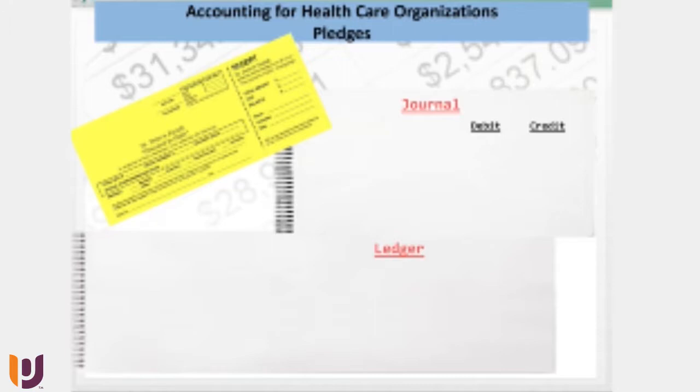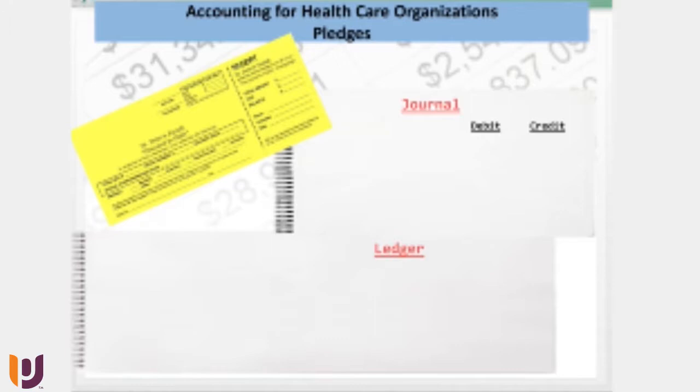Those to be received in more than 1 year should be recorded at the present value of the estimated future cash flows. The basic rule is that the pledge receivable on the balance sheet should show the amount of money that the nonprofit can reasonably expect to receive in the future from the pledge.